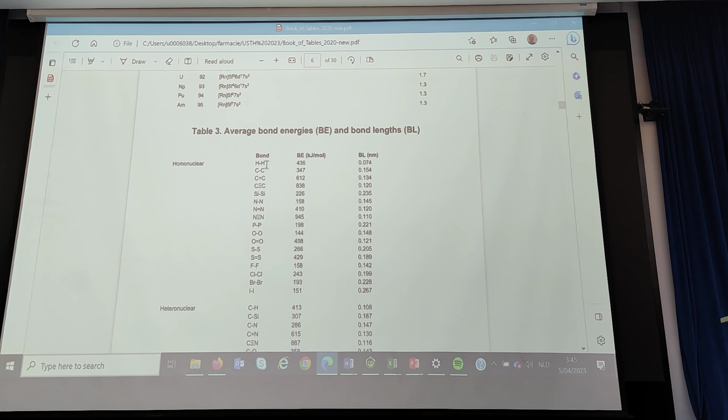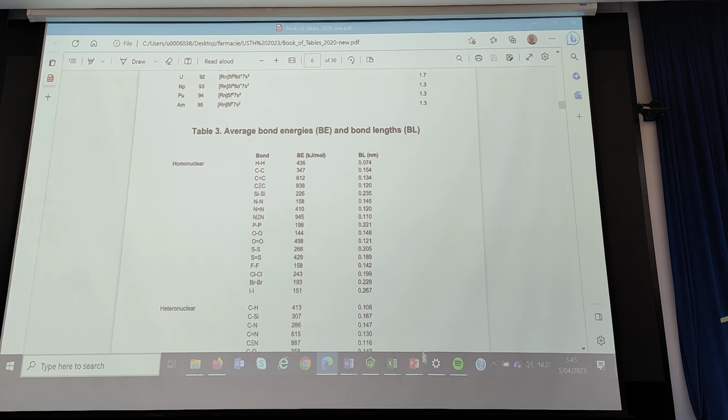So what we need is the carbon-hydrogen, here, 413, so there's 6 of them. And we will also need carbon-carbon, 1. That's 347 kilojoule per mole. So if we add it up, we get, in fact, X.